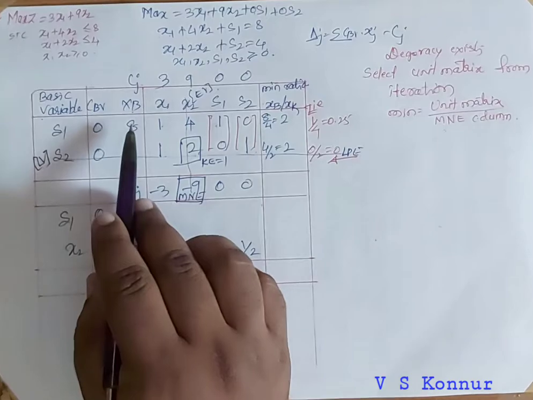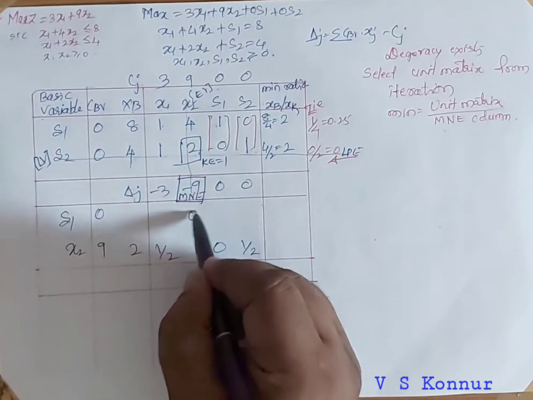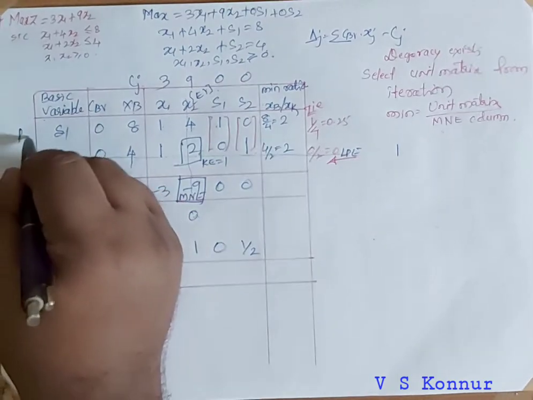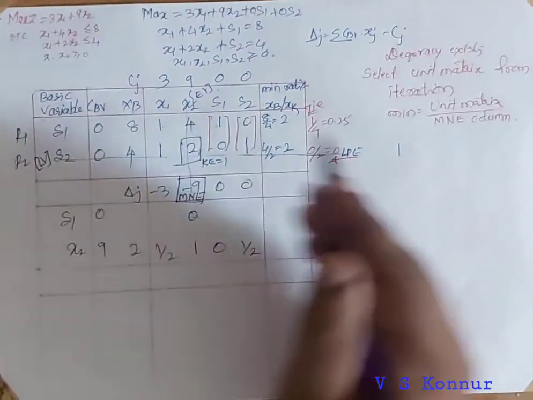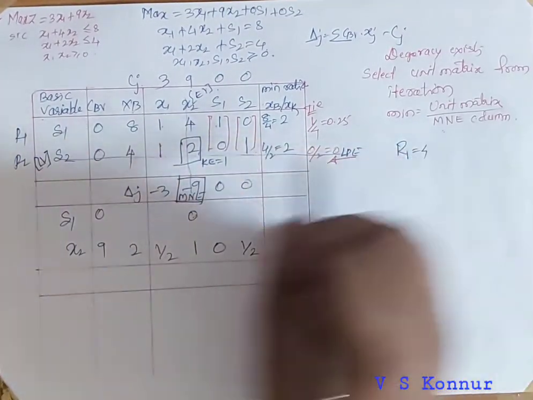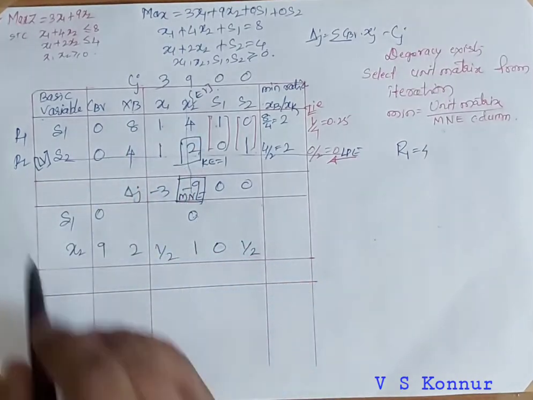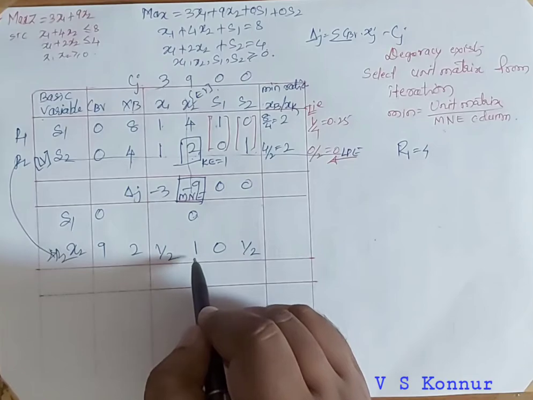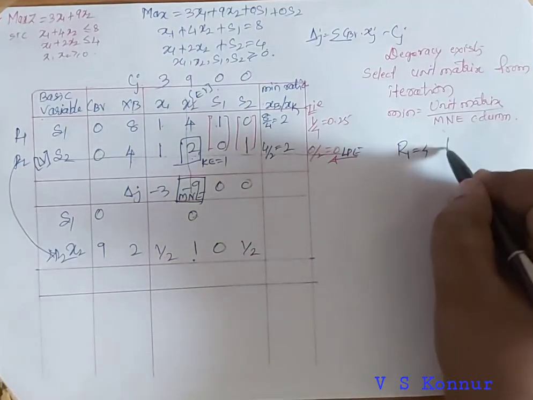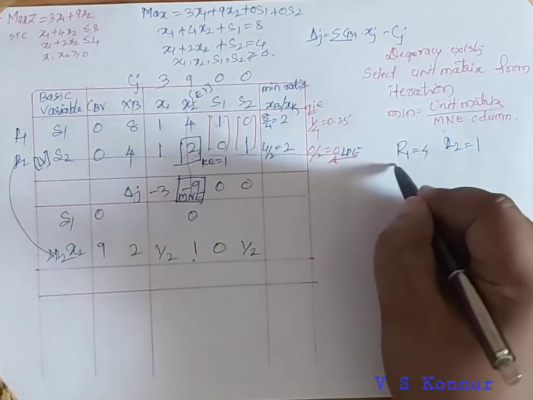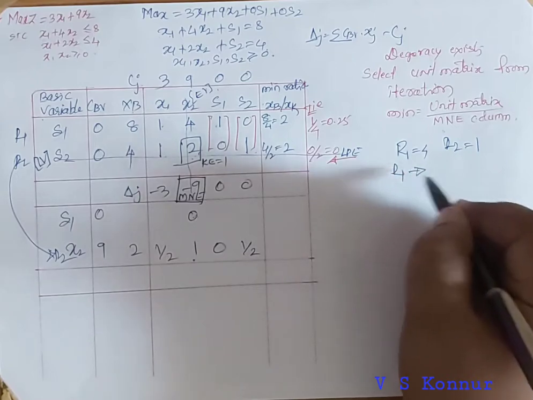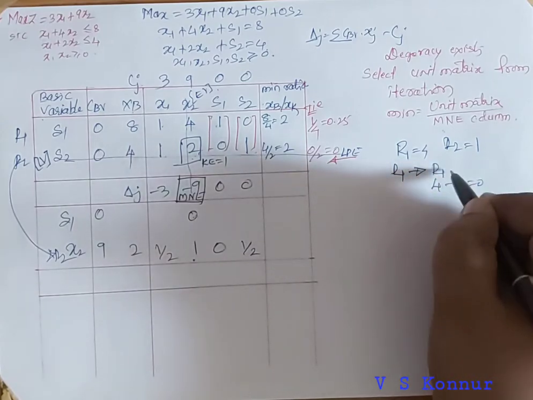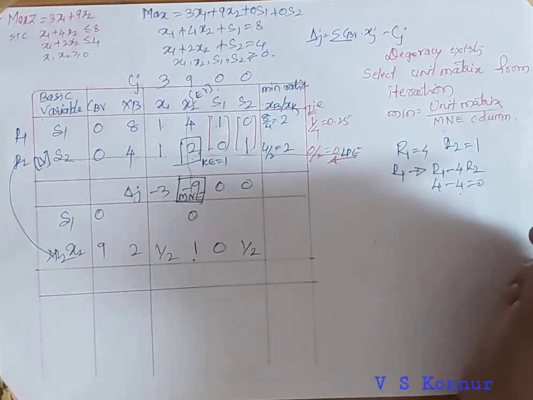Now to make the other element 0, we should write the equation. We will take R1, R2. R1 is having 4. R2 has been replaced here because the key element is not equal to 1, we have made it equal to 1 in this row. So R2 is equal to 1. To make R1 equal to 0, R1 minus 4 R2.